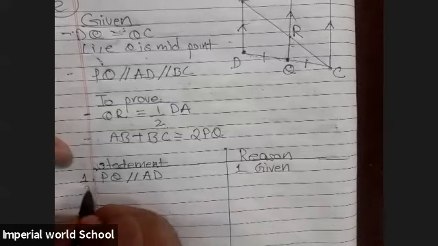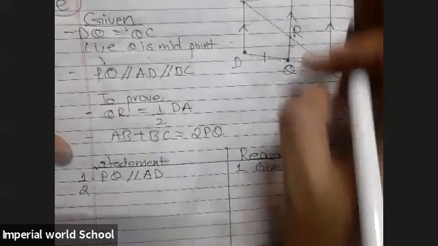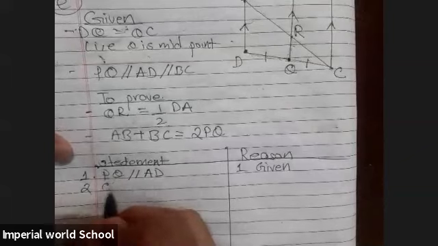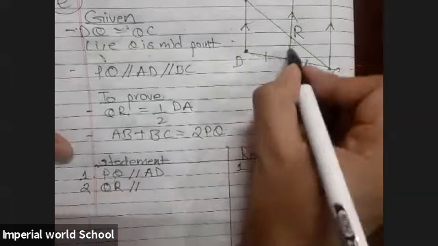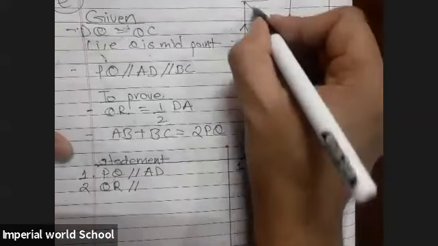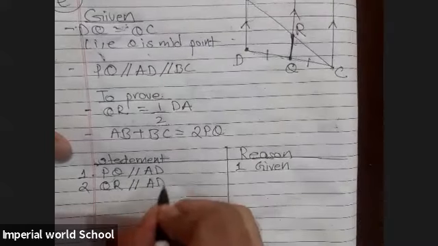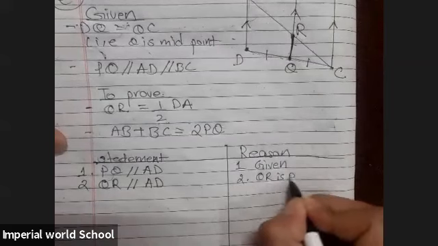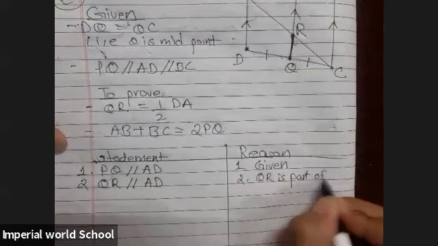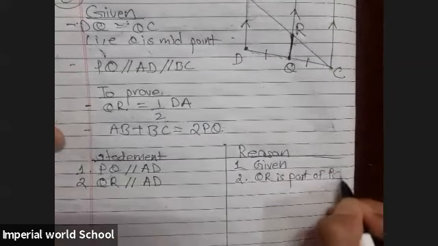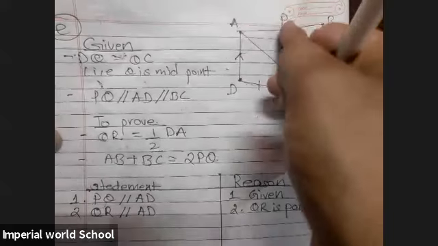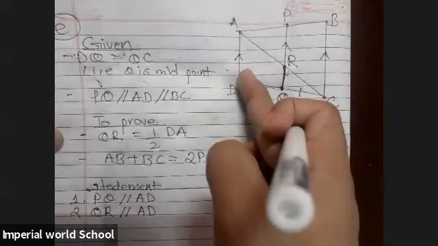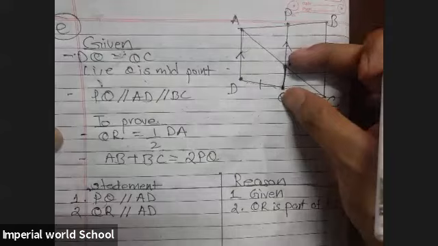So now you need to understand, if PQ is parallel to AD, then of course QR is also going to be parallel with AD. So what is the reason? Because QR is part of PQ, isn't it? So if my full length is parallel to this AD, then of course this portion is also going to be parallel.